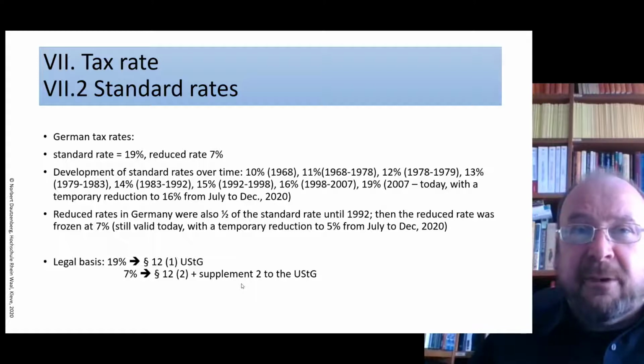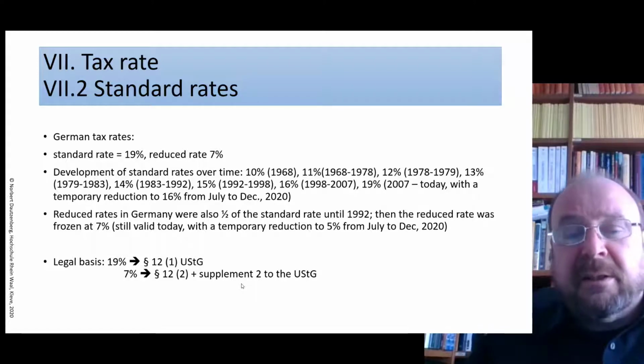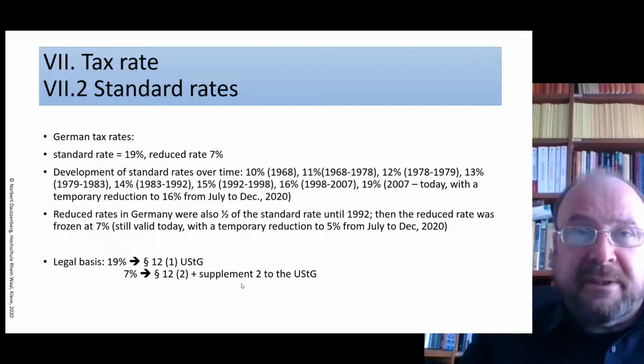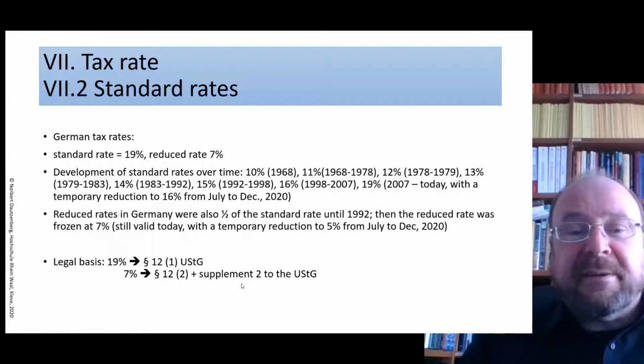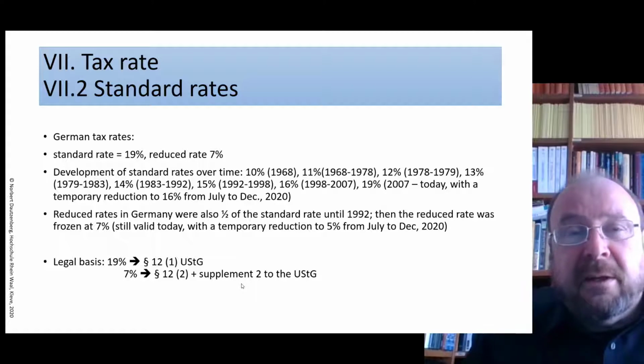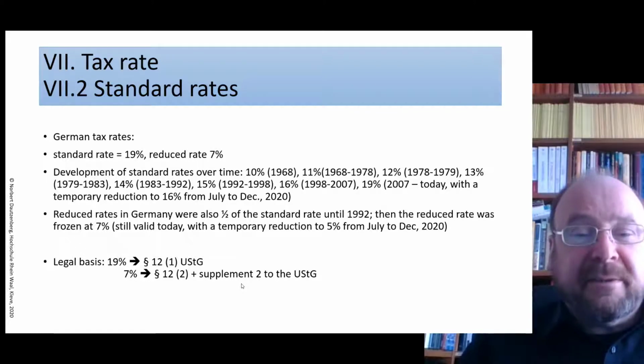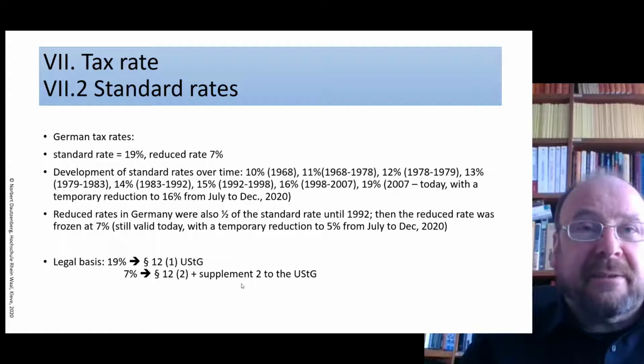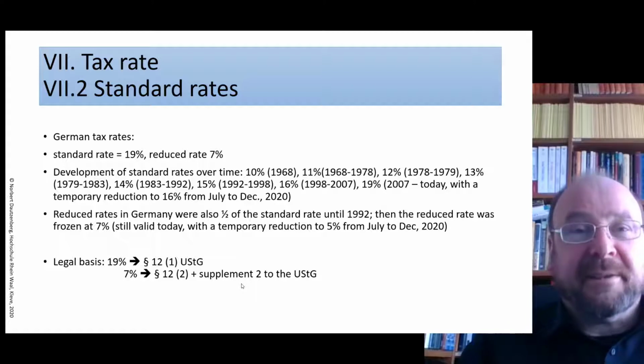Historically, the rates have always been increased. It began with a 10% standard rate in 1968 and went up to 19% in 2007. Some years ago there was a discussion about whether an increase in the rate was necessary, and at that time most political parties had already agreed to tell the press that an increase to a rate of 25% was unnecessary and could not get consent.